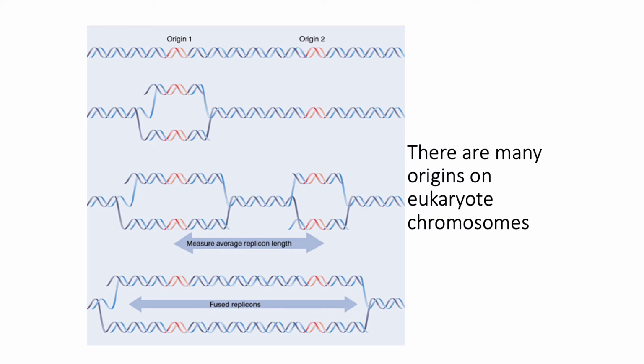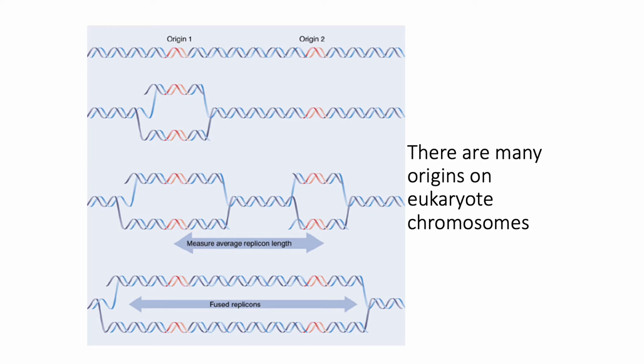They can initiate replication at different times, and it's been shown that actively transcribed DNA seems to be replicated earlier in the process than inactive DNA, as a general rule.